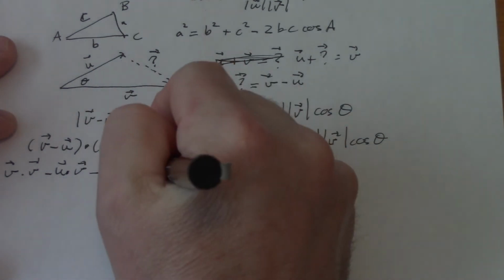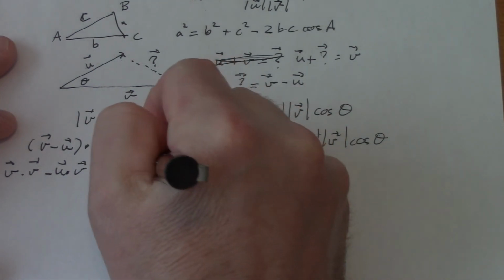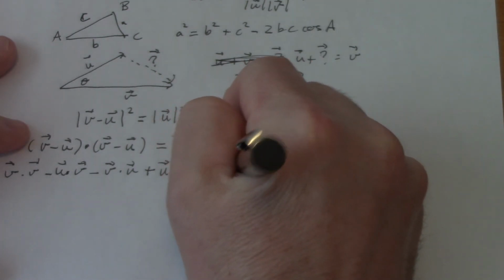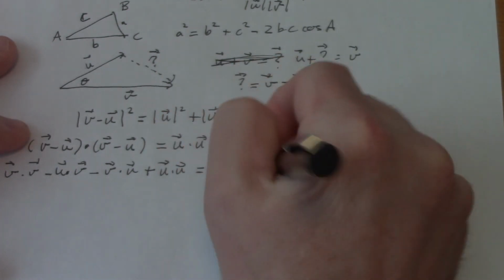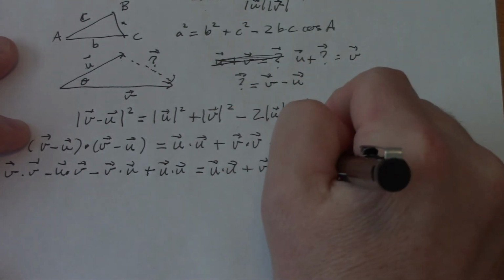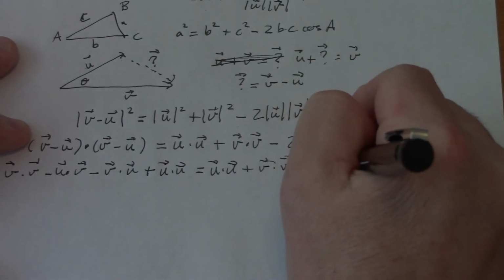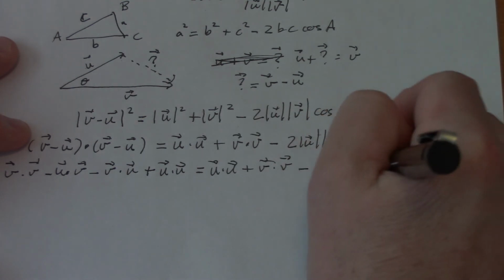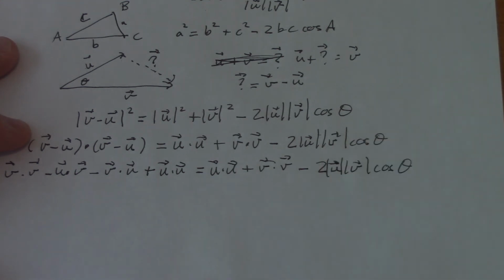And then we've got U dotted with U. Okay, and let me just copy the rest over. So we've got U dot U and V dot V. A little tedious just to have to copy this stuff. Minus 2 magnitude of U times magnitude of V cosine theta. And then we have what I like to refer to as the cancel party.